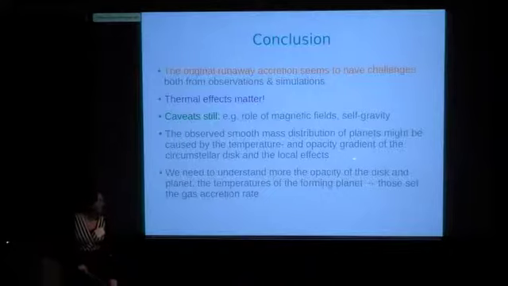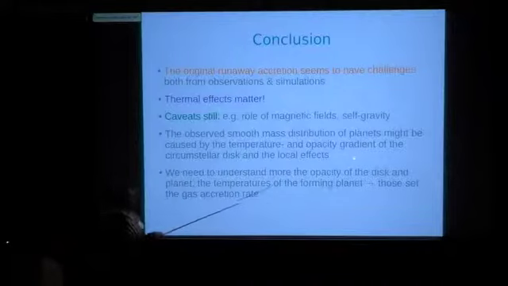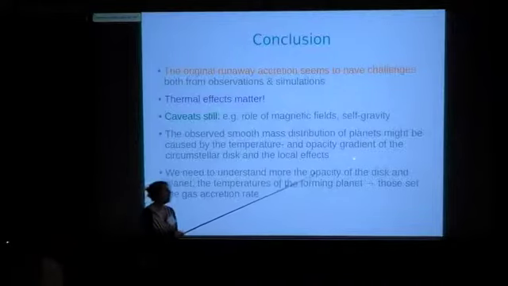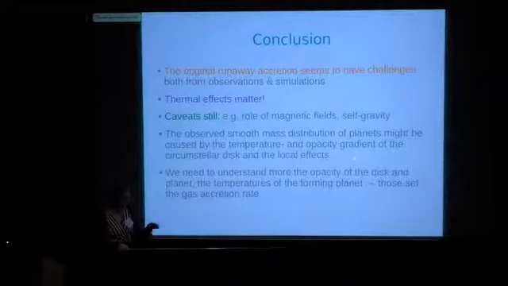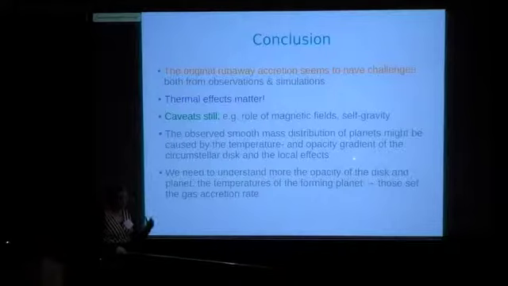Yeah, so I believe we need to understand this part, the opacity, or what Ruth said is metallicity, but it's kind of the same idea. The higher the opacity or the more dust we have, the slower the accretion rate is going to be. But how it changes within the disk is not understood yet, and the opacity of forming planets is not understood. If we understand that, then we can make better predictions regarding the mass distribution.